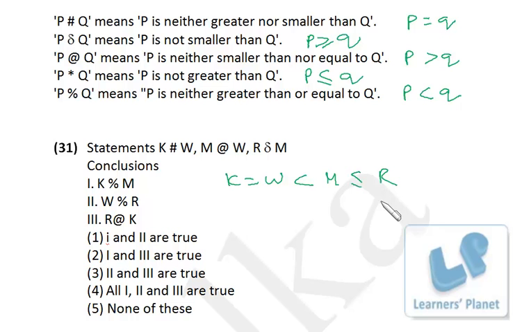So if it is king, or maybe queen, it is rook, and this is a rook. Okay, so K percentage M, that means K is less than M.